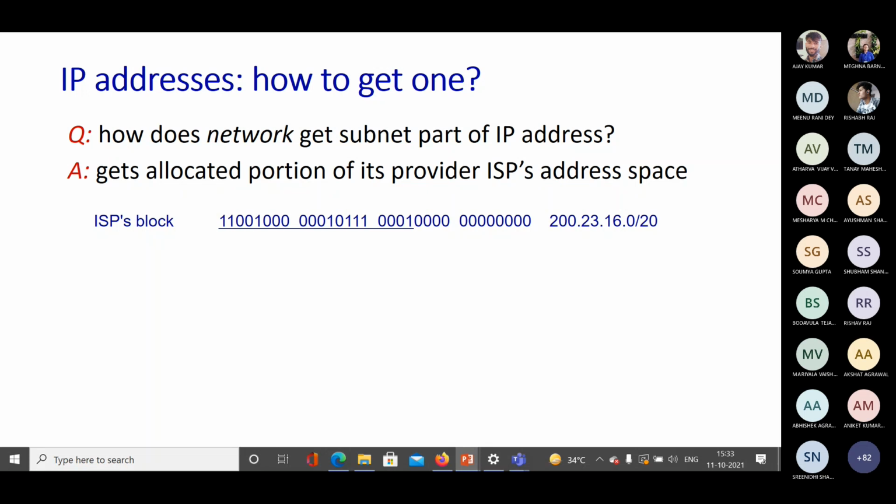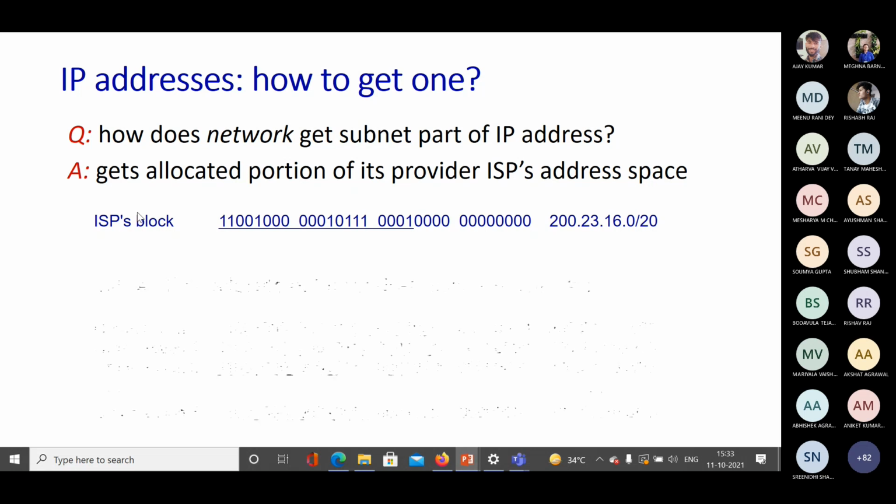Out of this, the ISP decides that this block of addresses can be given to this organization, or the next block can be given to the next organization that the ISP is serving. Suppose this is the ISP's block, starting with 200.23.16.0/20, where 20 is the subnet mask for the ISP.